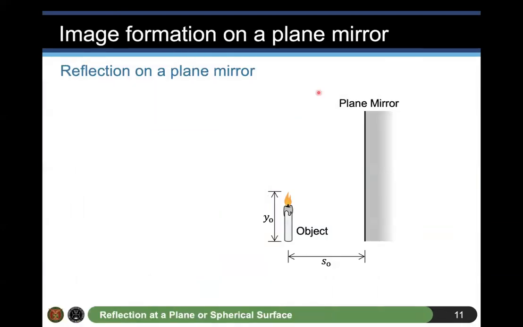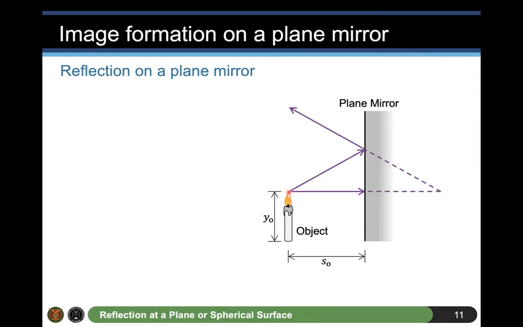For example, here are different cases. We have an object, a candle, reflecting on a plane mirror. So we start with a plane surface. The object has this distance S_O from the plane mirror and a height Y_O. Then we draw rays coming from this point of the extended object.